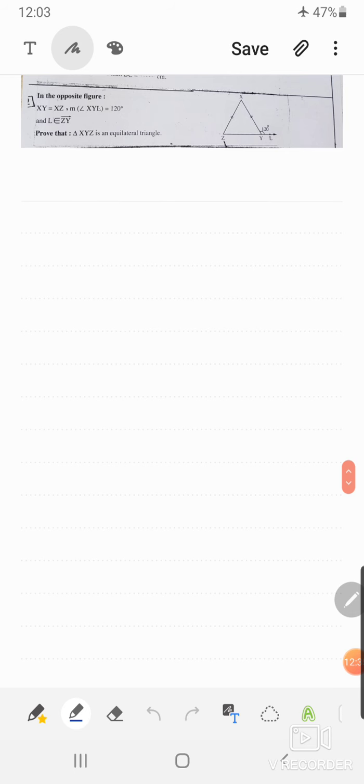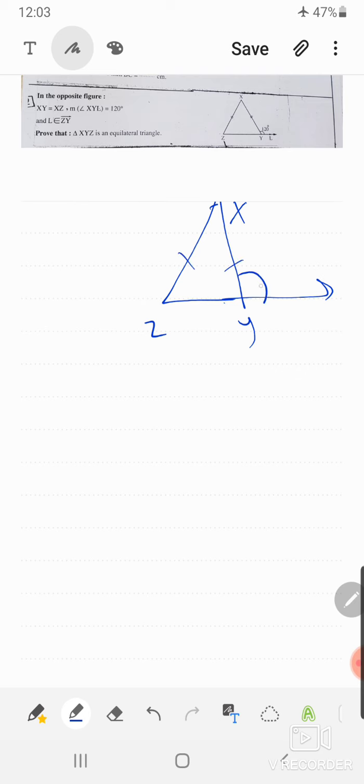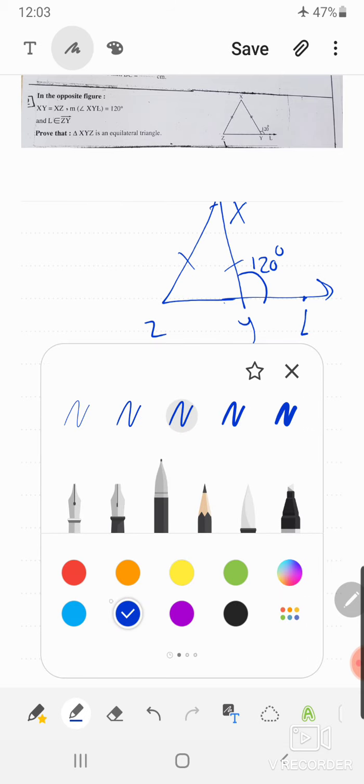Now let's take this example in the opposite figure. Here you have, I will draw it again. Here this triangle is called XYZ, and XZ equals XY, and here is the exterior angle, which equals 120, and this point is L. First of all, he wants us to prove that XYZ is an equilateral triangle, so all sides are equal.